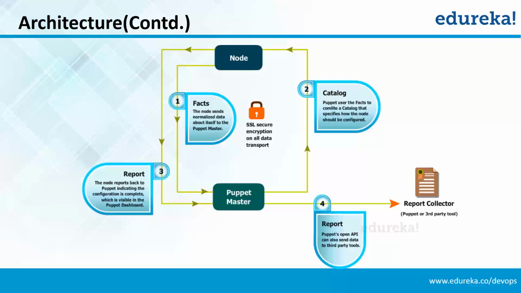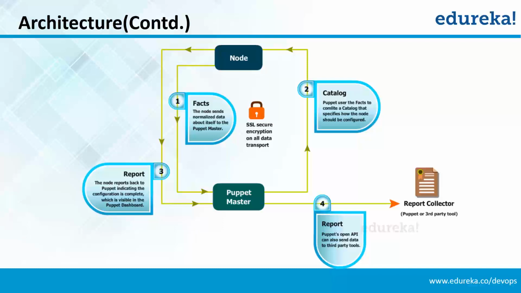Once the Puppet master has that information, it sends what is known as a catalog back to the node, saying how the node should be configured. So you are machine A, beautiful. These are the information that I have about you. These are the tasks that you need to do.